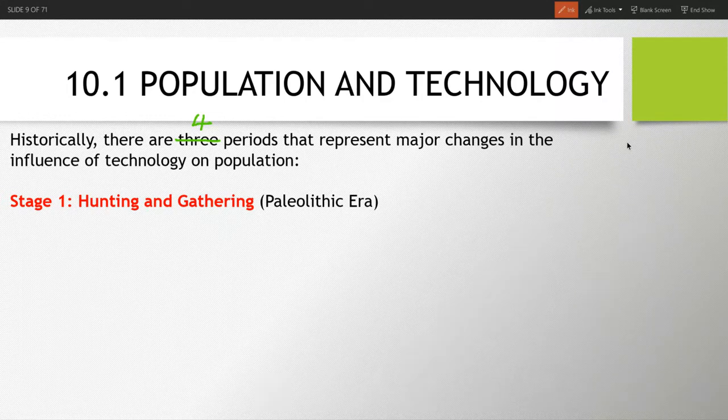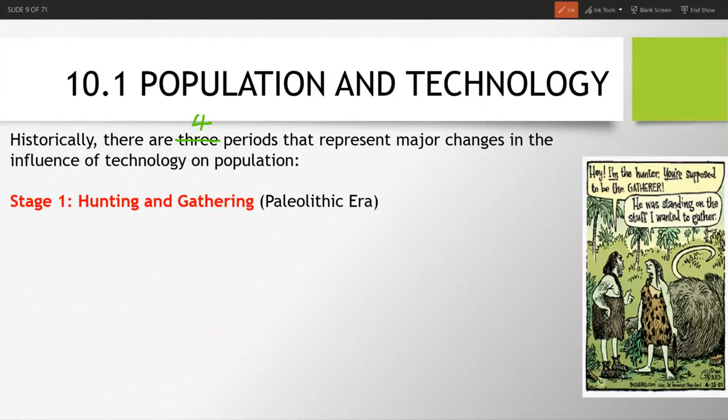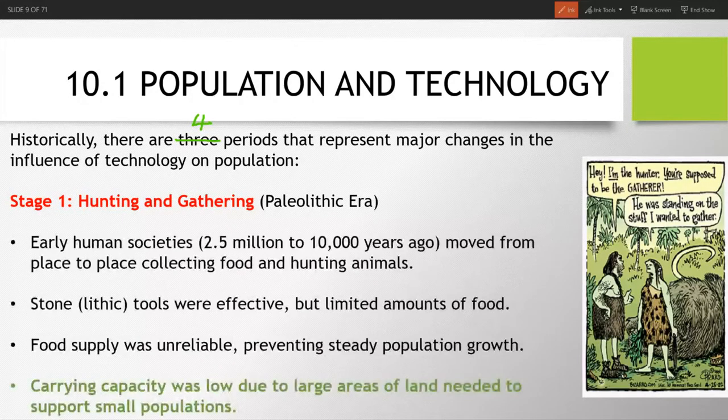The first one, if we go way back to the Paleolithic era, before civilization, when people hunted and gathered, is one where the carrying capacity of the planet was fairly low. If we place us in time here, it's 10,000 years ago or further back.